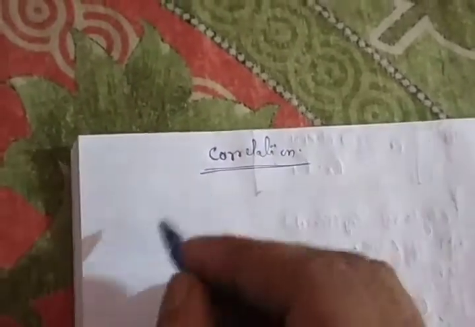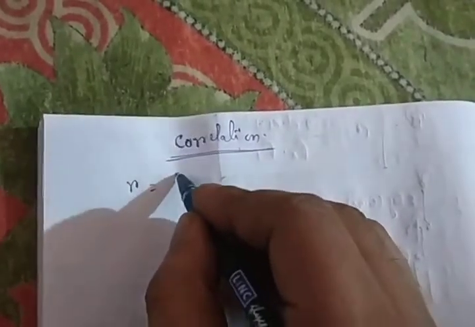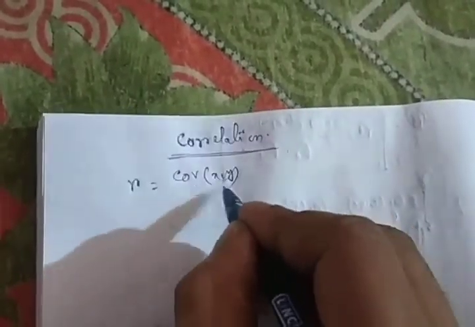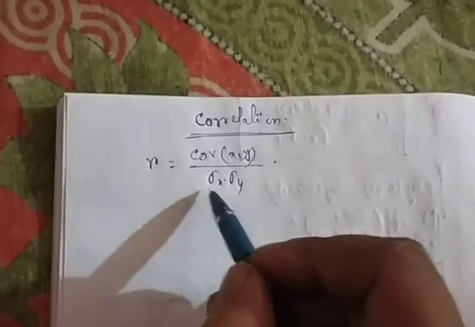In the previous class, we found the Karl Pearson correlation coefficient, known as R, the correlation coefficient. The formula for which is R equals covariance of xy divided by sigma x into sigma y, where sigma x is the standard deviation of x and sigma y is the standard deviation of y.